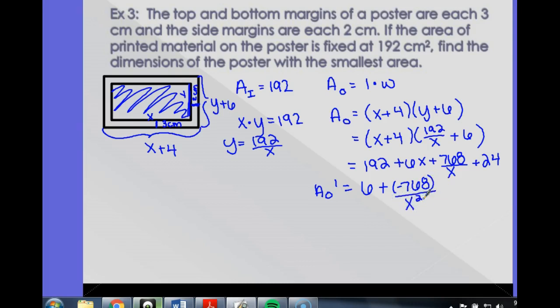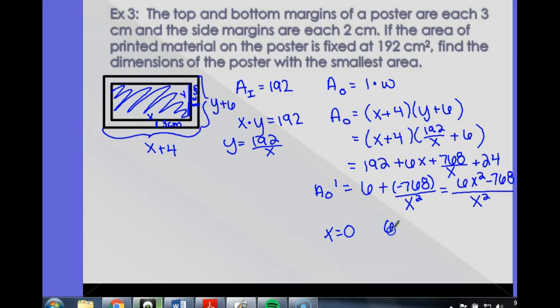What's the derivative of 24? What do we like to do if we have a fraction plus another number? Combine them. How do you combine them? Yep. So this becomes 6x squared minus 768 all over x squared. Why is that easier? Now it's really easy to find the zeros. What are the zeros of the base? So you get x equals 0. What would the zeros of the numerator be?